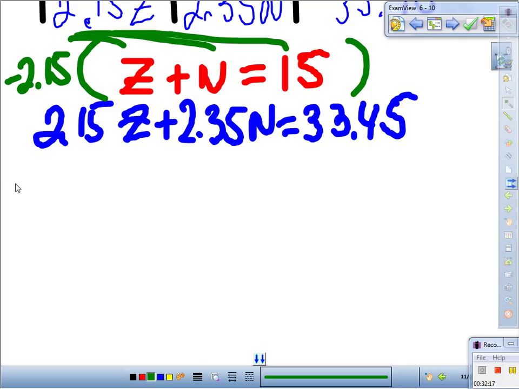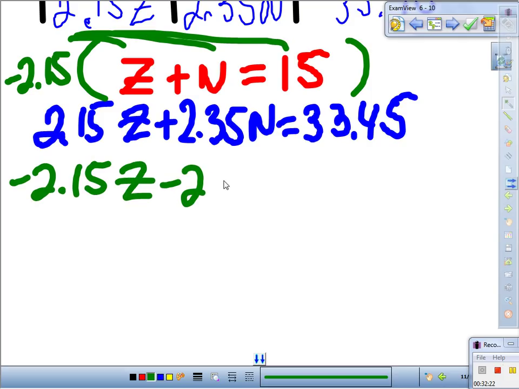Distribute: negative 2.15Z, negative 2.15N equals negative 15 times 2.15. Do that multiplication, and I'll wait for you guys.